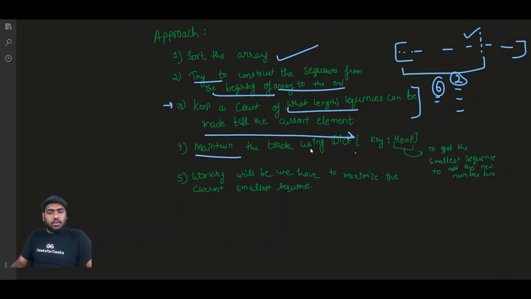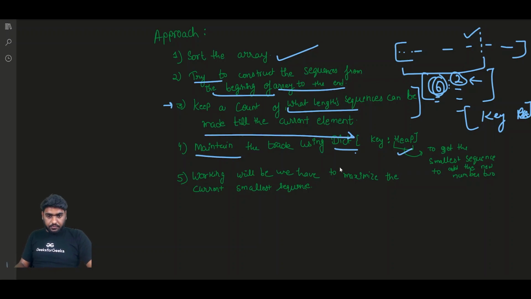Then we have to maintain the track using a dictionary, because we'll be checking that if with that number a sequence is being made, and we'll be keeping how much length it has, right? So we have to deal with a data structure which is a key and value pair. So we'd be using a dictionary or a hash map, you can say.